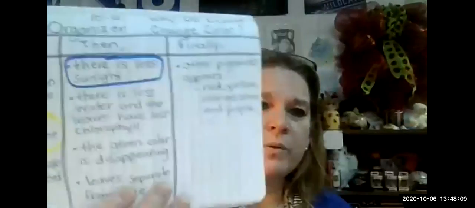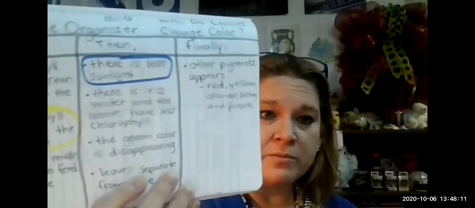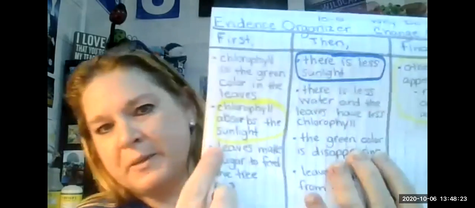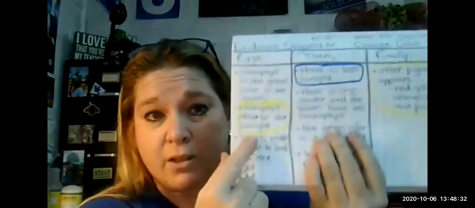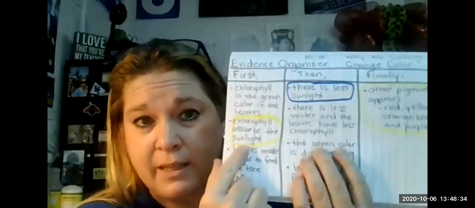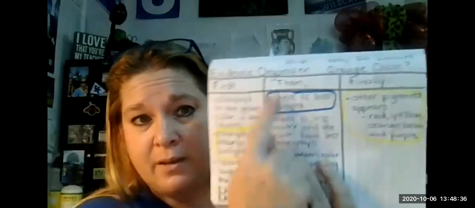And then on the finally column, we really only wrote one thing down, all of us. So we're going to have to circle that one. That's going to be our third piece, where it talks about the other pigments coming out from behind the chlorophyll. So my first piece of evidence that I'm going to use in my writing is that chlorophyll absorbs the sunlight. So first, chlorophyll absorbs the sunlight in the summertime.